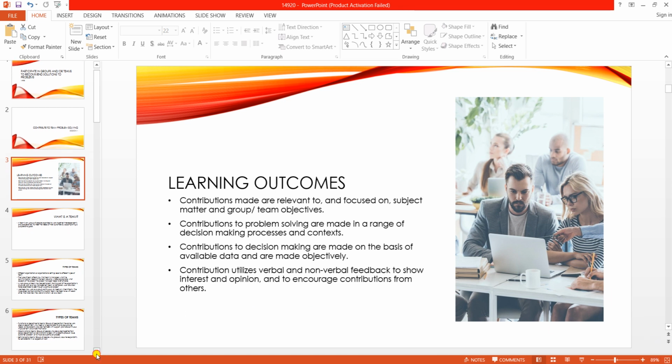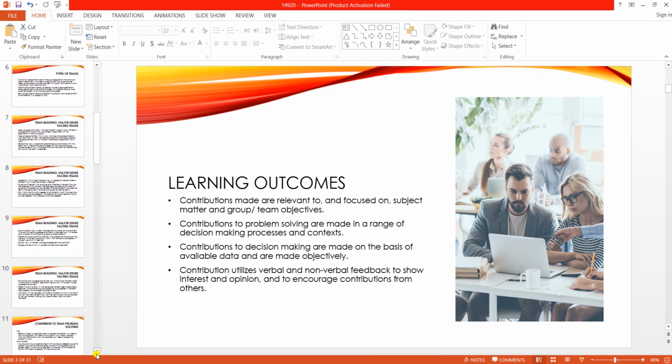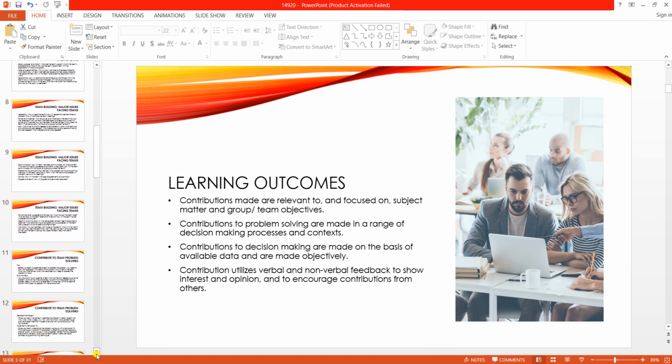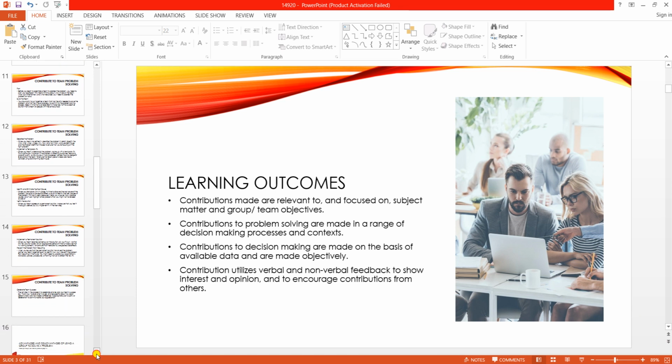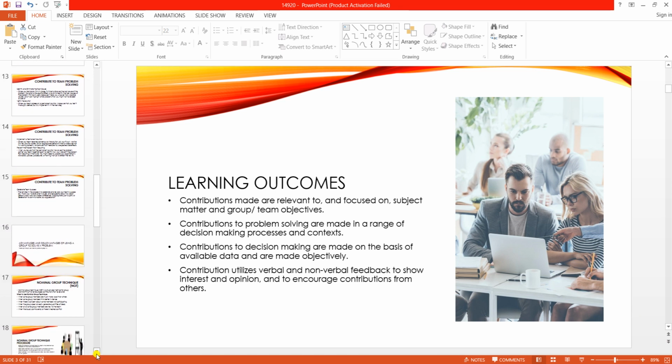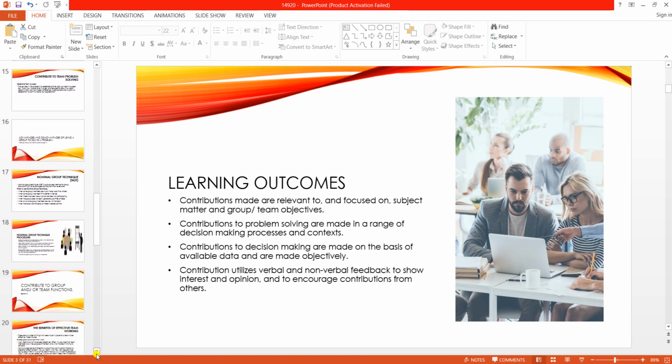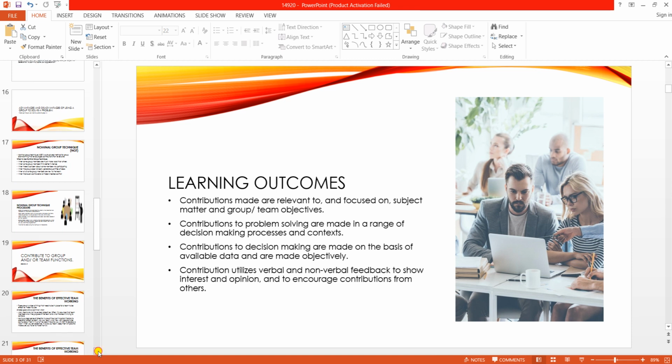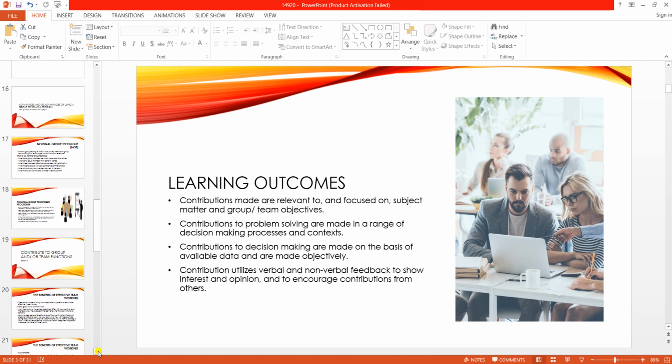what needs to be done in terms of team building, the major issues facing the team, contributing to problem solving, and the technique that's used whenever team members are not contributing much in team meetings or in tasks that are given out to the team.